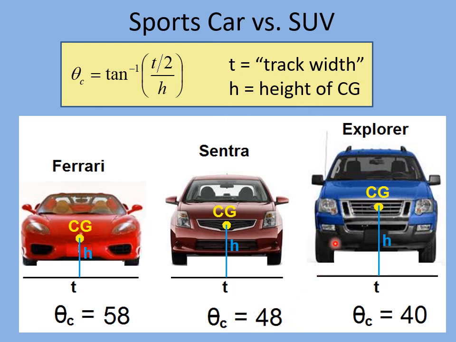And then in the extreme, this is an older model Ford Explorer. One of the problems they had, this was a few years ago now, but SUVs were turning over and people were getting seriously injured. And the reason for that is the track width was not wide enough for the height of the CG. Notice how high up the CG here is. And this high CG makes this vehicle less stable when going around turns. Notice it has a much lower critical angle.